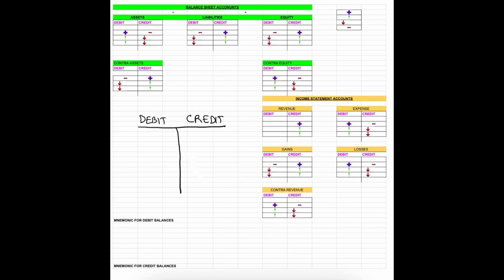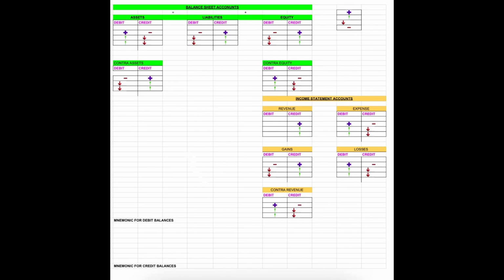You should not confuse it with how these terms are used in verbal language. Just remember, debit means left side of the T account and credit means right side of the T account. Some accounts will have increases with the debit entry and some accounts will have increases with the credit entry.